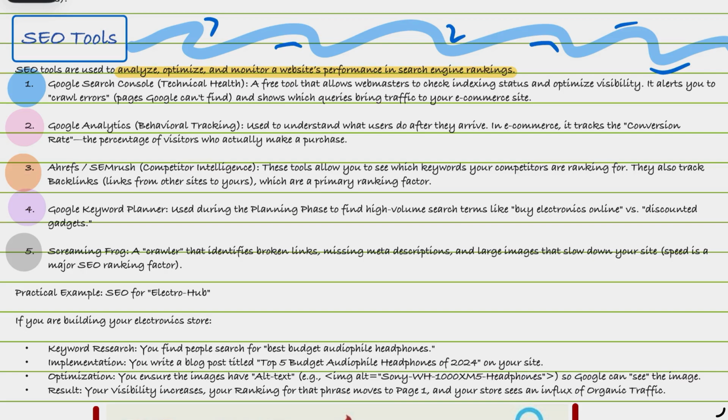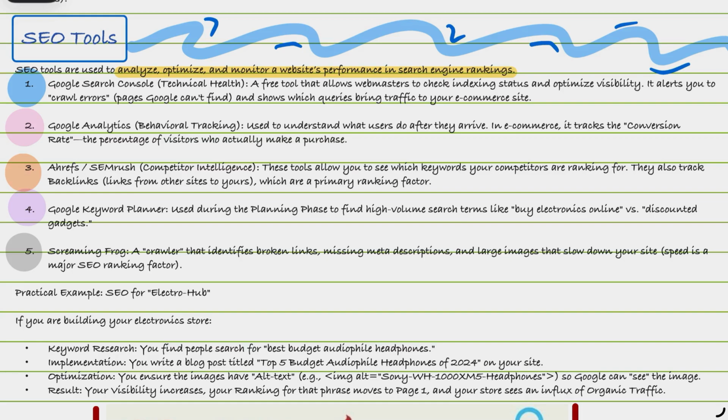It basically provides us the dashboard. Then we talk about Google Analytics. If you want behavioral tracking, if you want to understand user behavior once they arrive at your site, or track metrics like the bounce rate and your e-commerce conversion rate, all this behavioral analysis is done using Google Analytics.